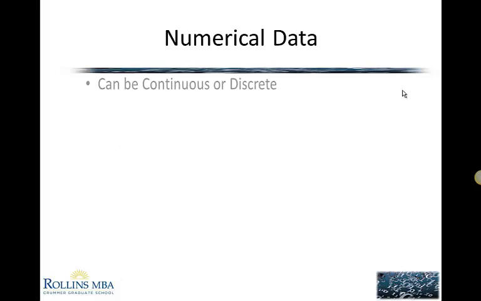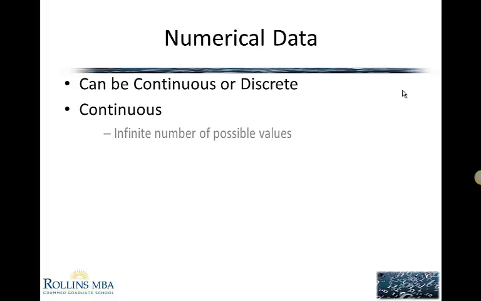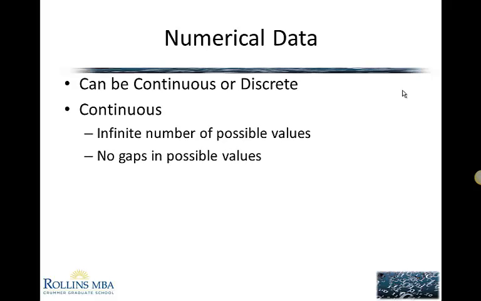Now, numerical data can come in more than one flavor. It can be either continuous or discrete. Continuous data implies that there's an infinite number of possible values that the variable can take on. And by this, we don't mean that the value can go up to positive infinity or negative infinity. What we mean is that there are no gaps in the possible values.